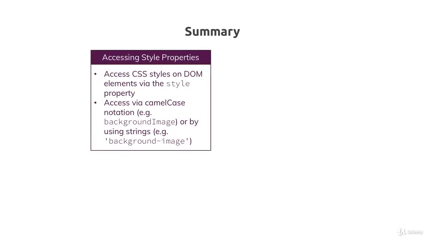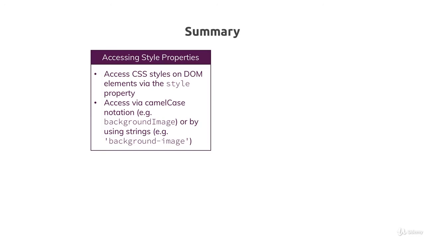So that's it for this module. You learned a lot about JavaScript and how you can use it in conjunction with CSS. To be precise, you learned how you may access style properties via JavaScript and change them via that style property. You learned about the importance of using the camel case notation there, so background image without a dash instead of with a dash, or by using that alternative wrapped between quotation marks as a string and by accessing the property via square brackets.